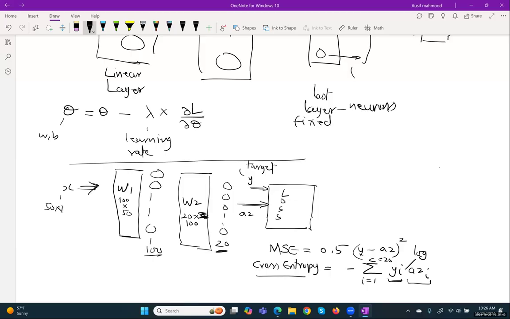Then we decided to use the cross entropy loss. If it is a multi-class problem, remember if I magnify each one of these neurons, there's a sum over here and there's an activation function over here.